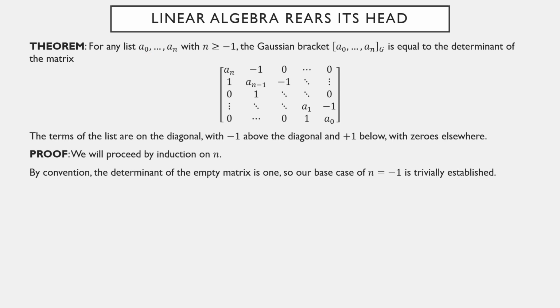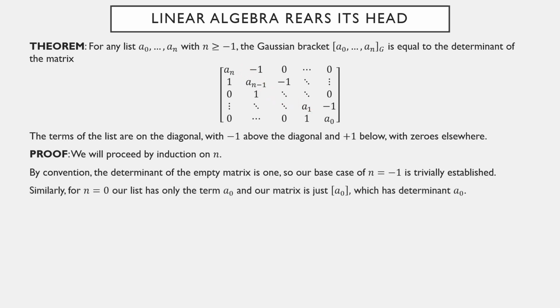That gives us the empty list. And remember that our initial conditions on Gaussian brackets start with the empty Gaussian bracket. So the empty Gaussian bracket has value 1, but then since we have no elements in our list, we have a 0 by 0 matrix here. And by convention, an empty matrix has determinant 1. So for n equals 0, our list has a single element in it, a sub 0.